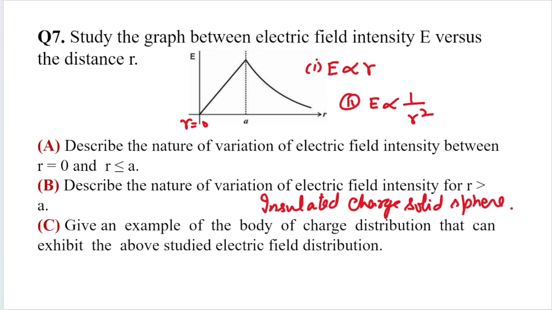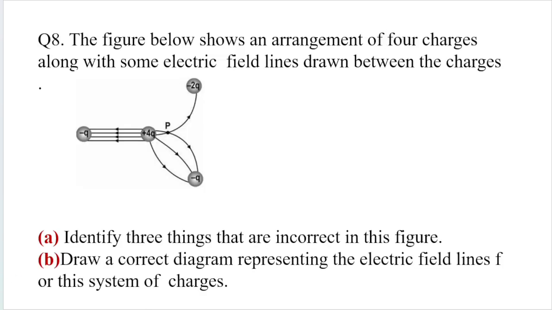Now, question number 8. The figure below shows an arrangement of 4 charges along with some electric field lines drawn between the charges. Identify the 3 things that are incorrect in this figure.